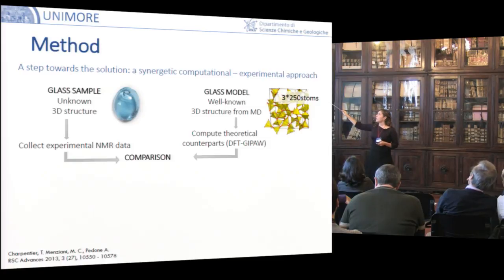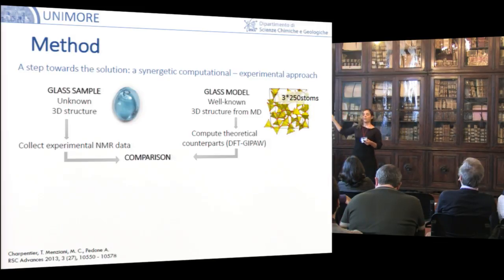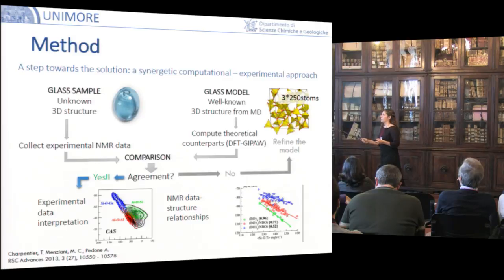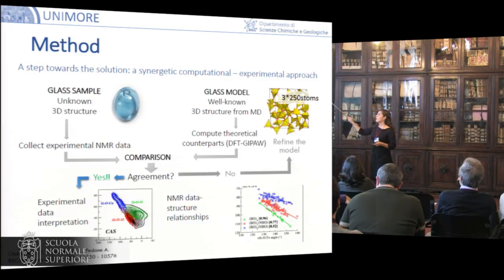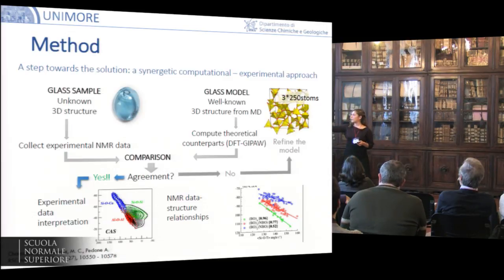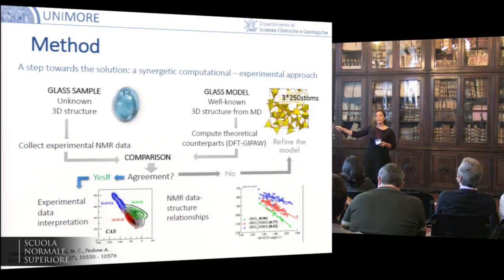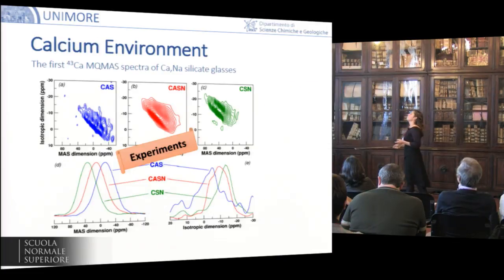We compute theoretical counterparts with the DFT-GIPAW calculation, and then we compare the experiments and the theory. And there are two options. The agreement is not good, and then we have to refine the model, or the agreement is good, and then we can interpret the data, and we can check or elaborate the relationship between NMR data and structure.